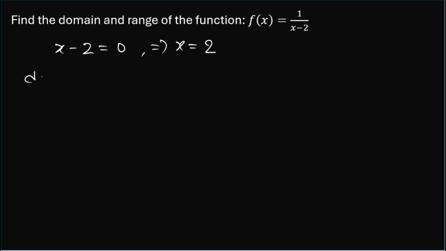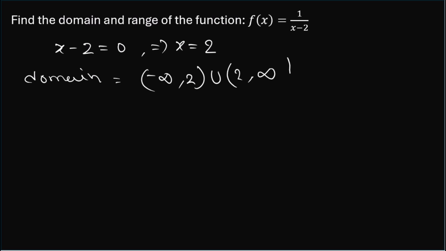So here the domain will be minus infinity to 2, union 2 to infinity. So here we know the x value is 0. So for the coordinate of y, the value will be 0.